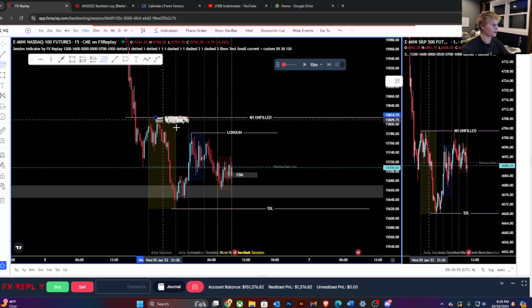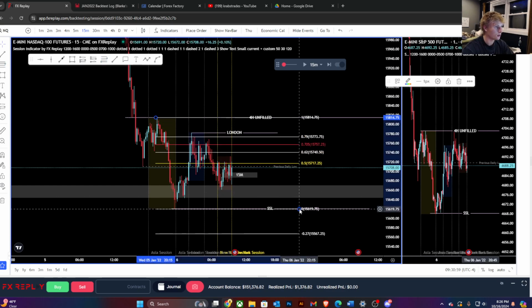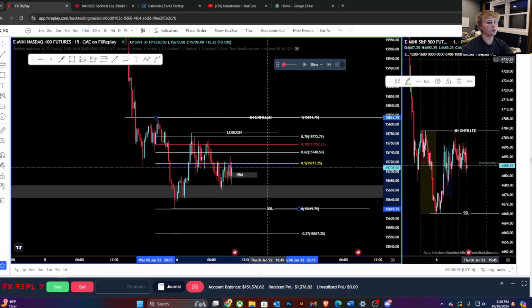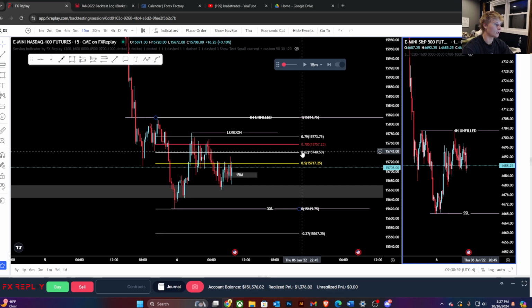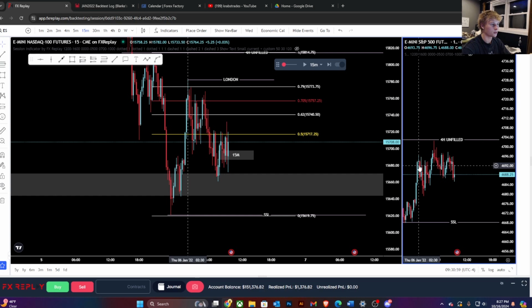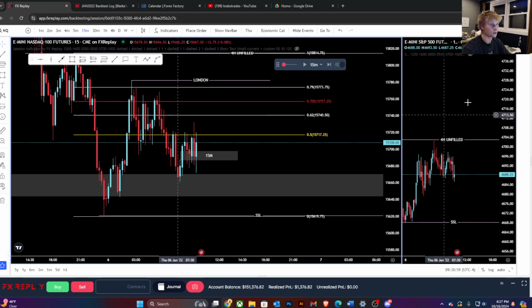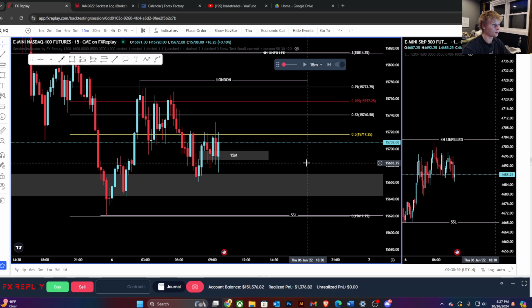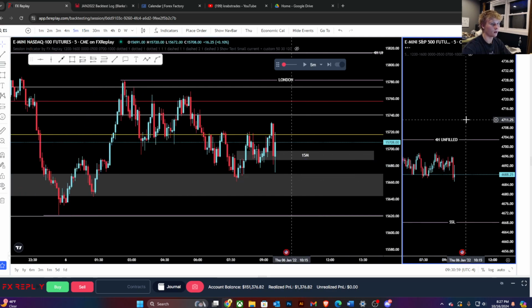Also, let's just see where we're at in the range. Alright, so we just tapped into a premium and rejected it. So everything right now is telling me that we want to continue down bearish. Let's see, is this a SMT? Also have SMT here, I believe. Potentially. Let's hop on the 5 minute.